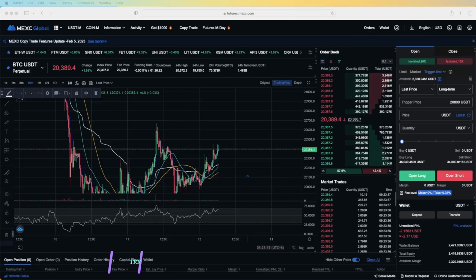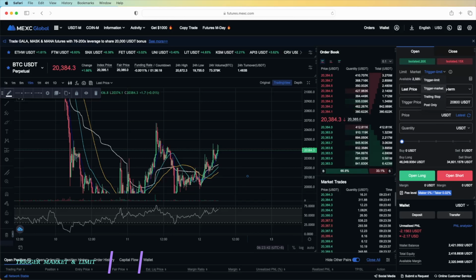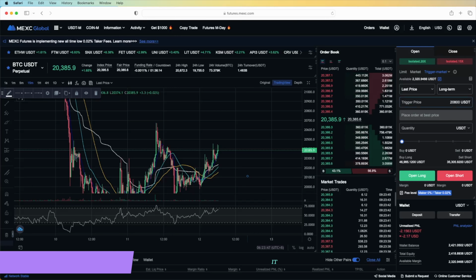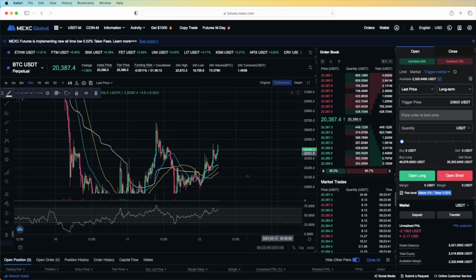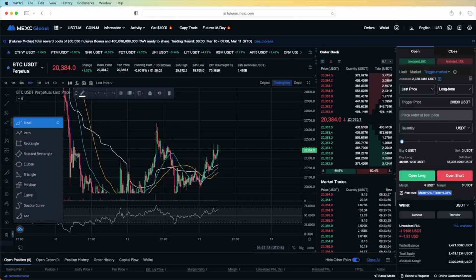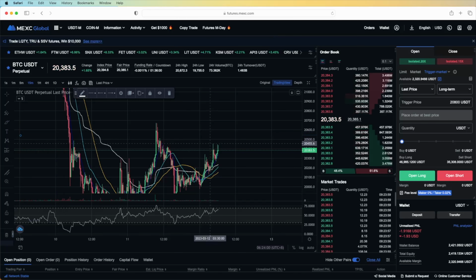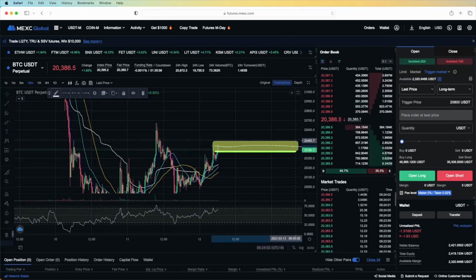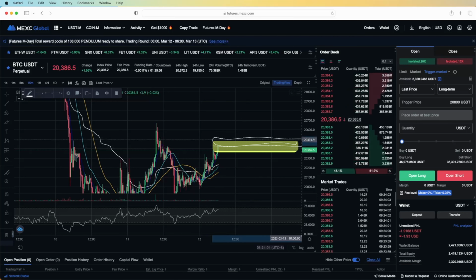The next one that I'm gonna talk about is a trigger limit and the trigger market. What's the difference between those? First, we're gonna go in for the trigger market. For example, I'm gonna go for the brush, and we have a big resistance on this area, right?